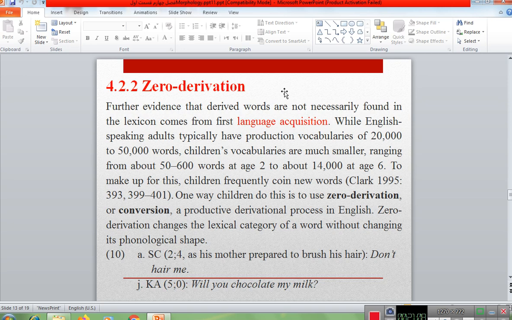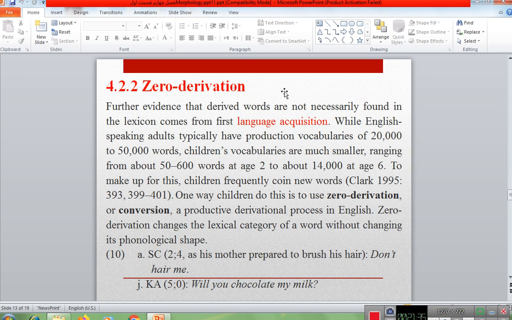While English-speaking adults typically have production vocabularies of, for example, 20,000 to 50,000 words, children's vocabularies are much smaller, ranging from about 50 to 600 words at age 2 to about 14,000 at age 6.